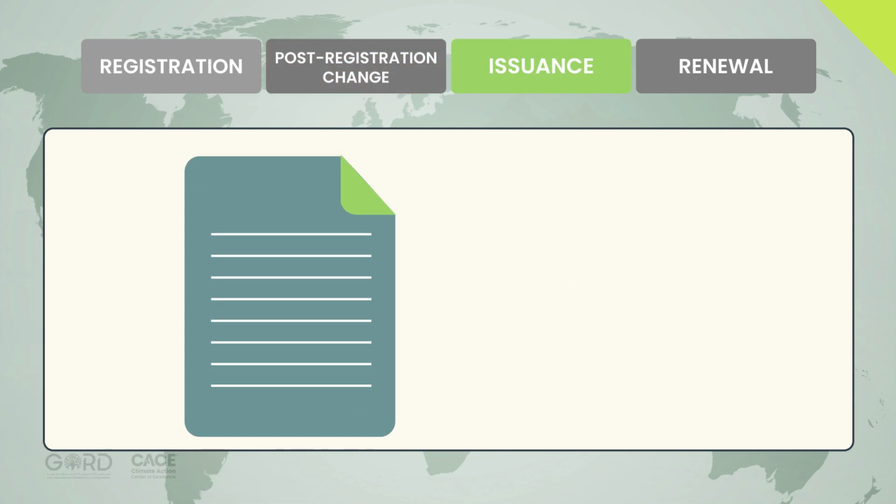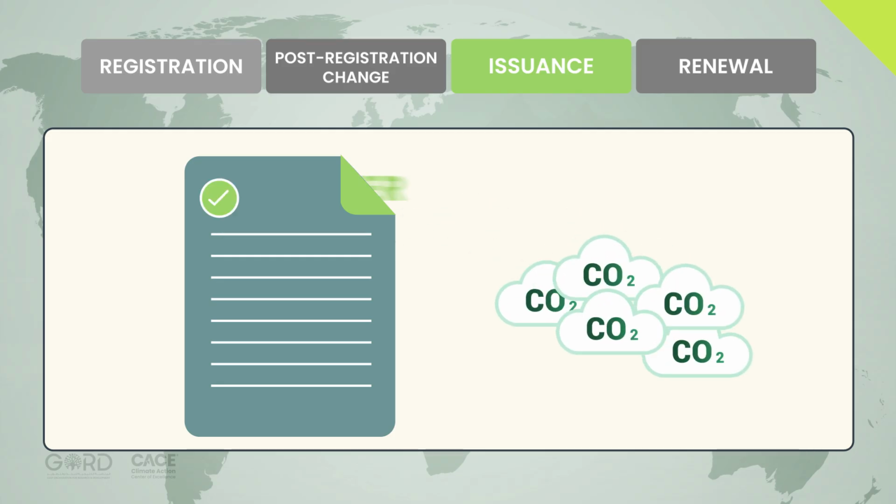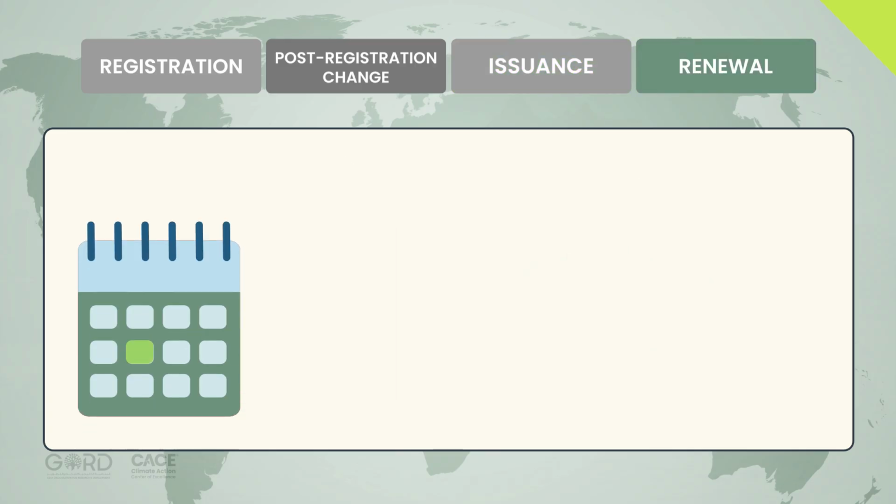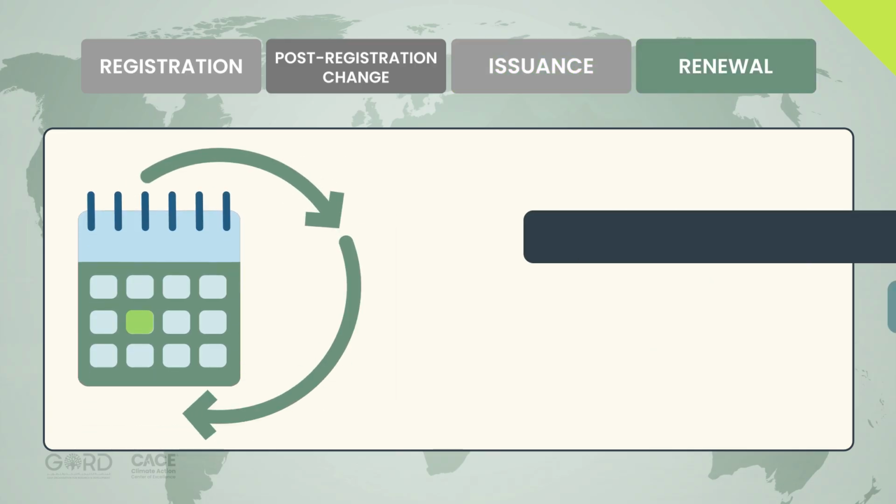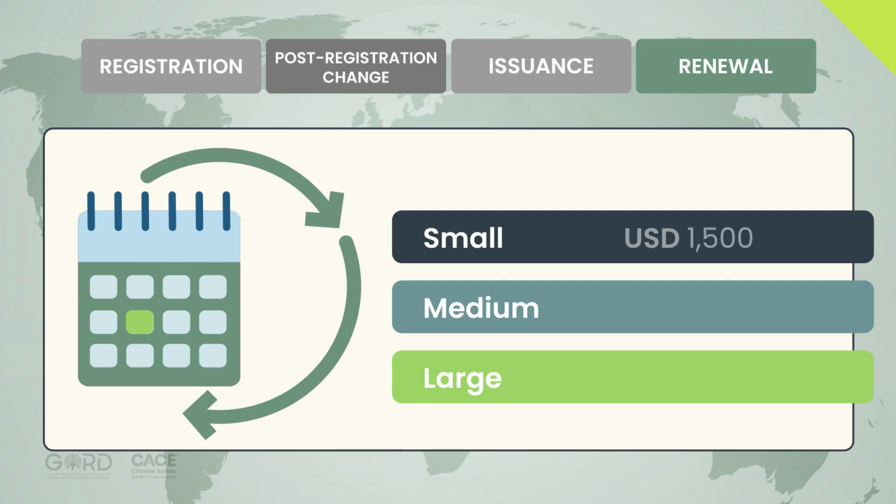Third, the issuance fee, which is applied each time credits are issued. This is calculated at $0.15 per A6.4 emission reduction. Finally, the renewal fee is charged when extending the crediting period of a registered project. This mirrors the registration fee tiers based on project size.